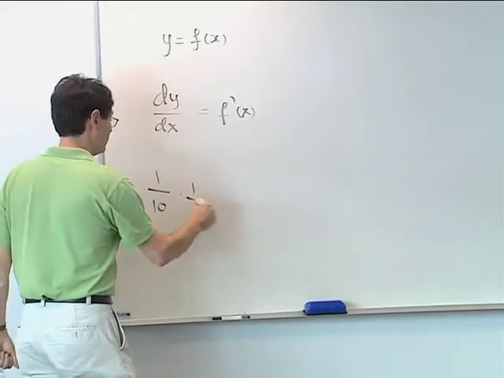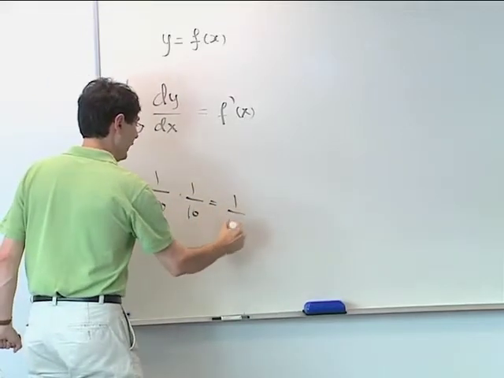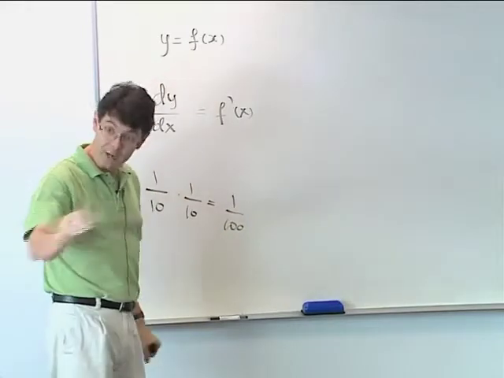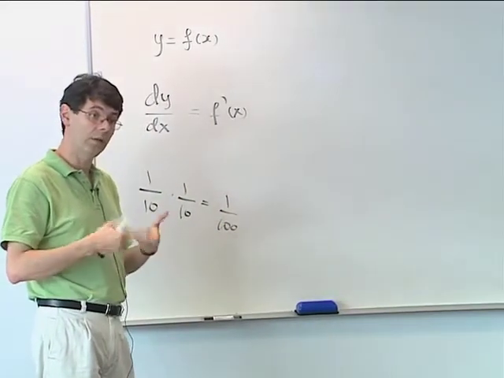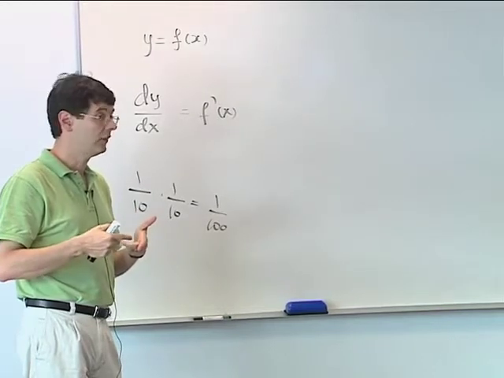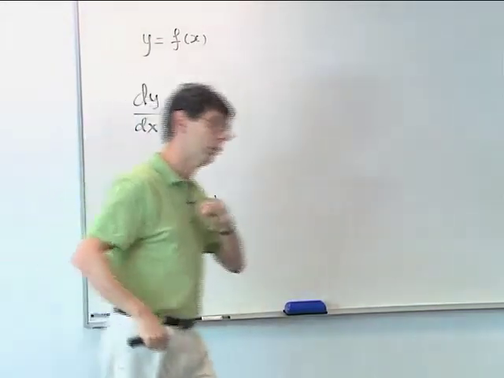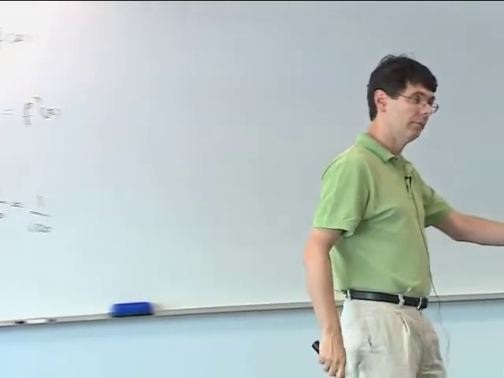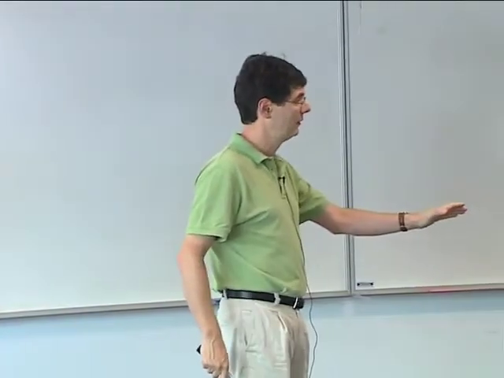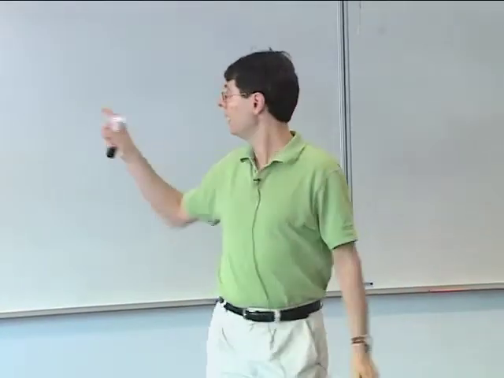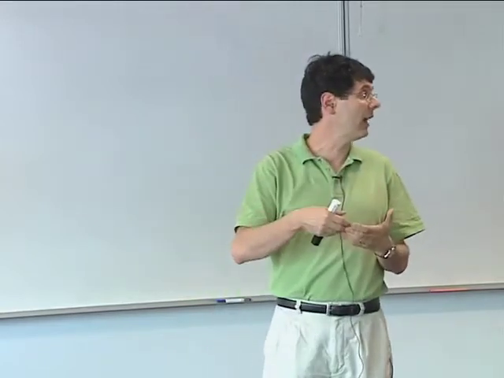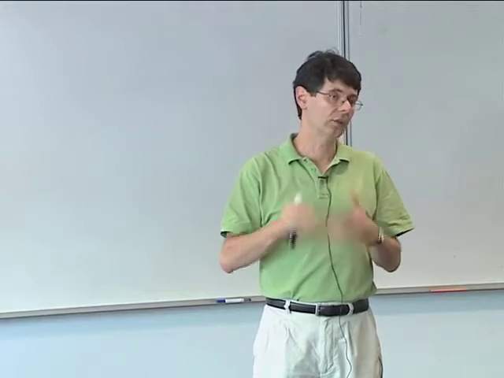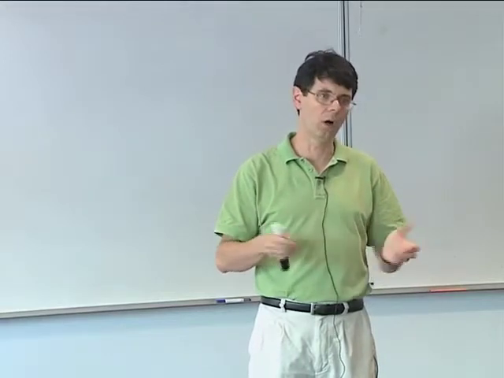But 1 on 10 times 1 on 10, which is 1 on 100, is very, very small. Okay? So if you get a small number and you square it, you get something that is an order of magnitude smaller. All right? So for instance, if you have a dx and multiply it by itself, dx times dx, a dx is small, so dx squared is going to be so small, you throw it away.